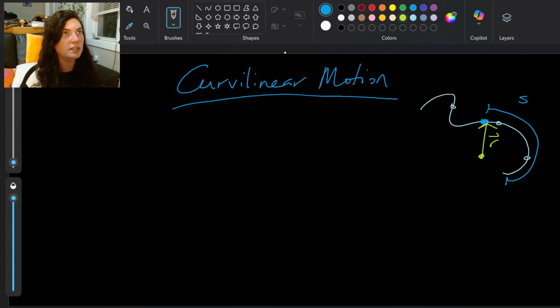So from some fixed point to where the particle is, this is going to be our position vector, and that'll usually be in terms of time. So this is our position.